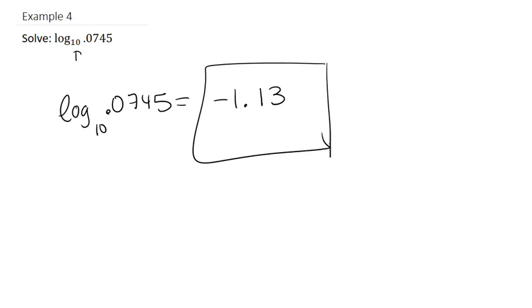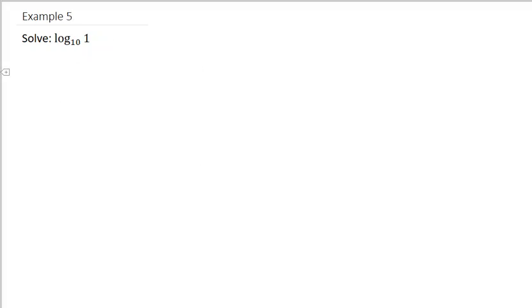So that would be the solution. So notice we have a negative exponent in order to get to 0.0745.